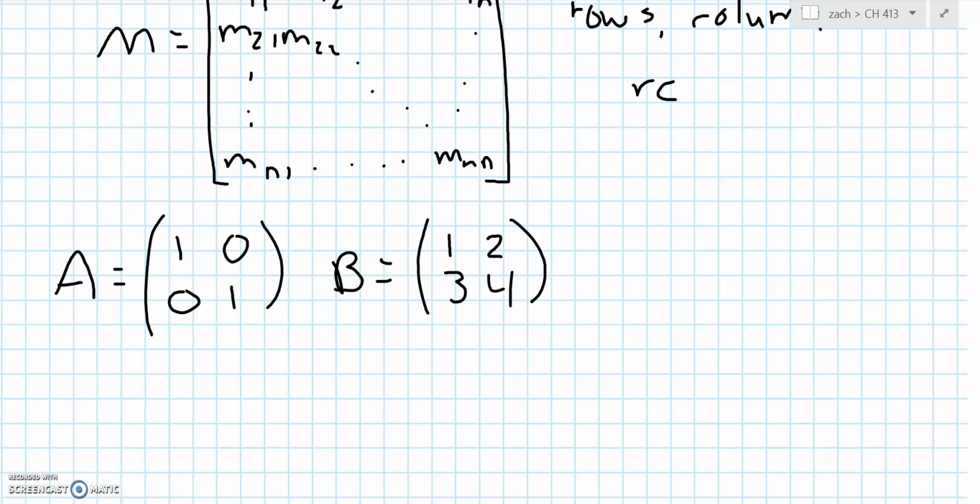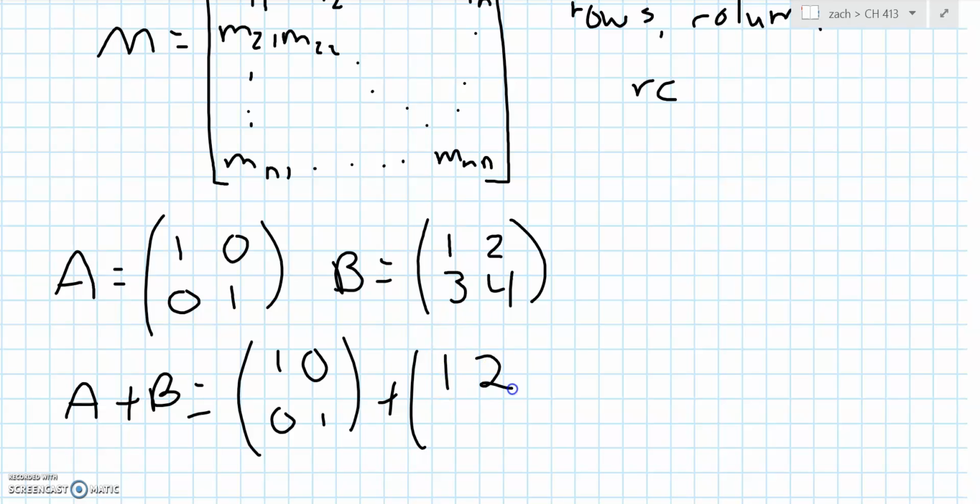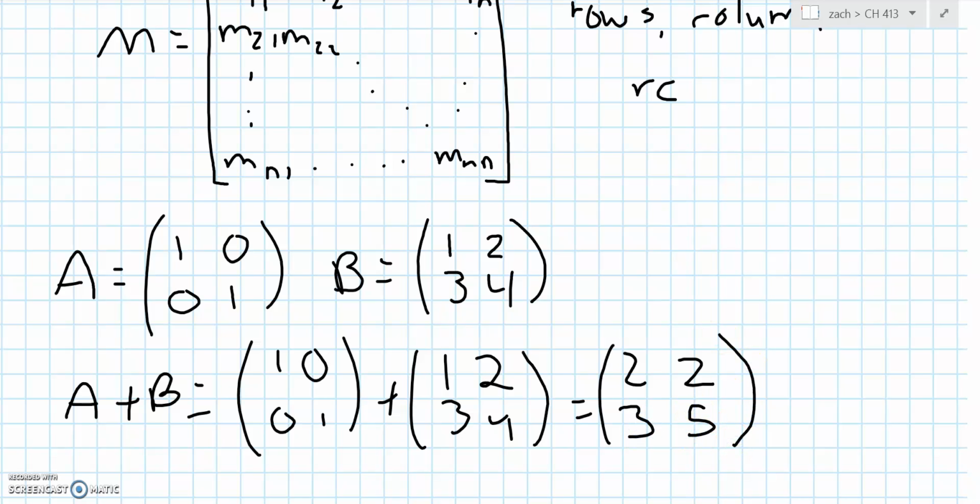When we add these two together, A plus B, 1 plus 0 is 1... we get 2, 2, 3, 5.